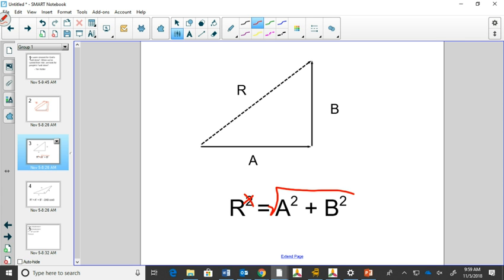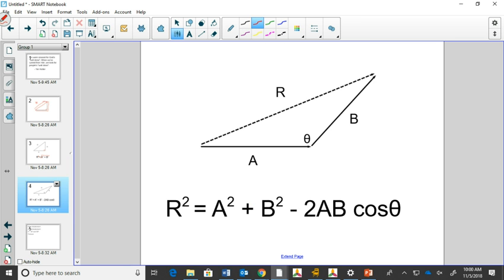But what if this angle that is formed between the two is not a right angle? Like, what if it's not 90 degrees? We can still put them together, put the two vectors tip to tail, but are you comfortable that this angle, this theta that I have here, is not a 90 degree angle? So therefore, I would have to use the law of cosines.